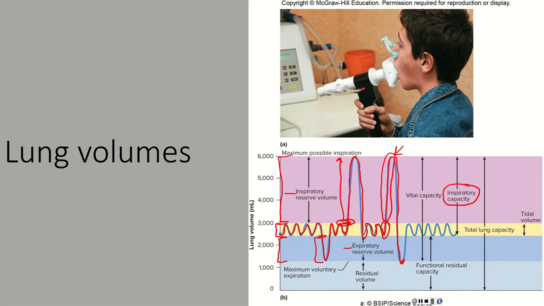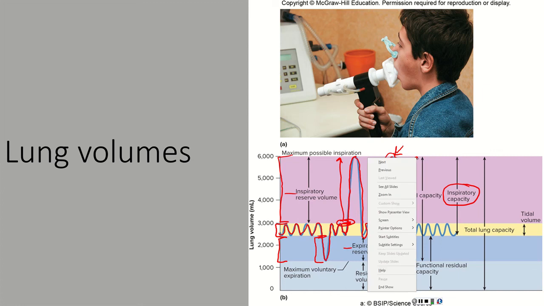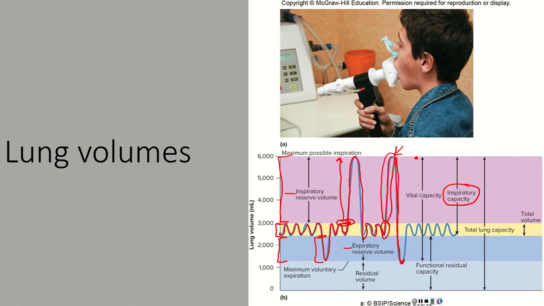So we've blown out our inspiratory reserve volume, we've blown out our tidal volume, and we blow out our expiratory reserve volume. So that is all of the pink, it is all of the yellow, and it is all of the dark blue. That is called the vital capacity.